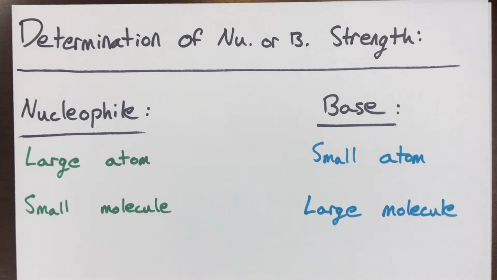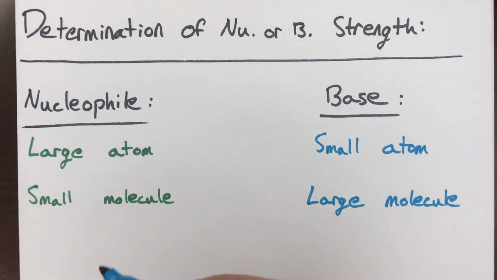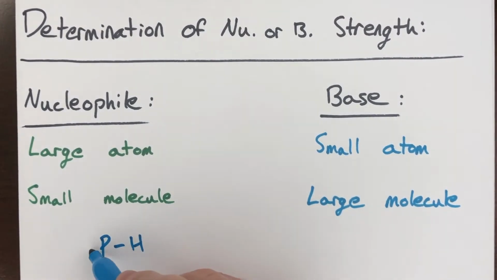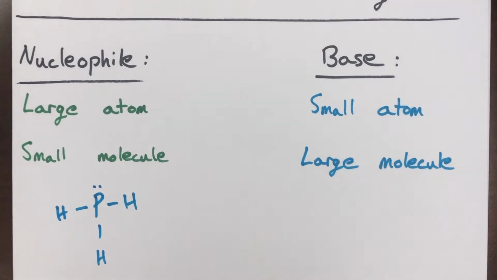So for instance, an atom would be like an oxygen or a nitrogen, but a molecule would be like water, which as we know is H2O, which has 3 atoms, 2 hydrogens and 1 oxygen. So following this idea, a really good nucleophile is something like PH3, where we have a phosphorus that is a large atom.